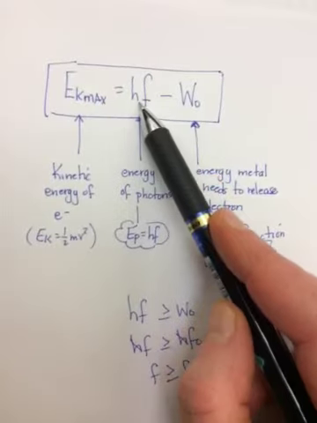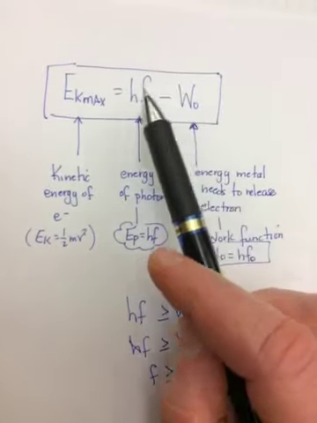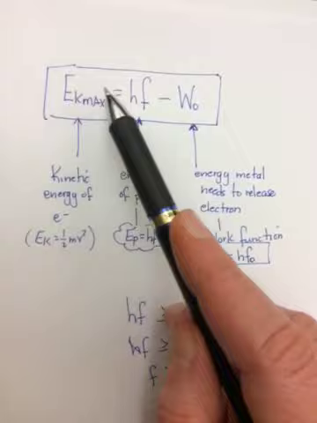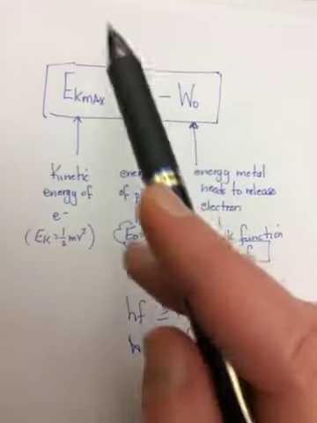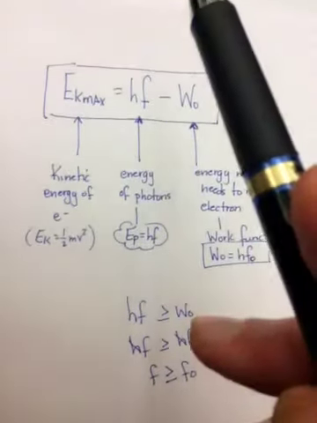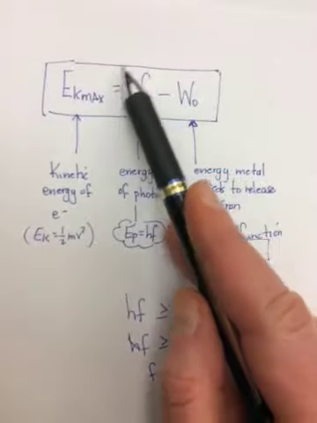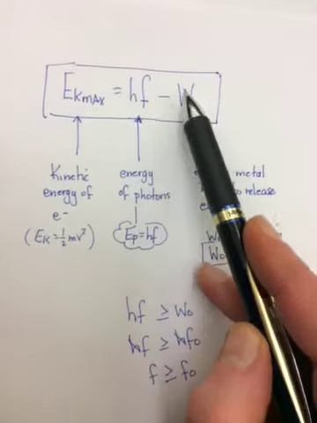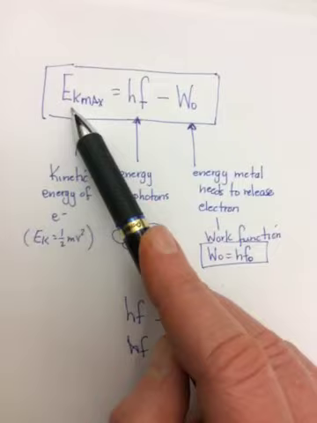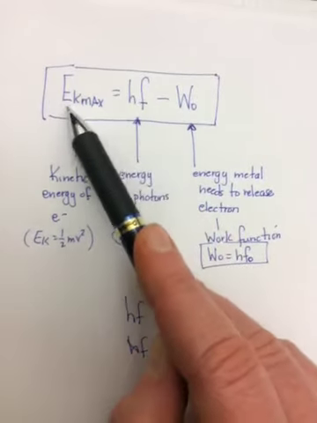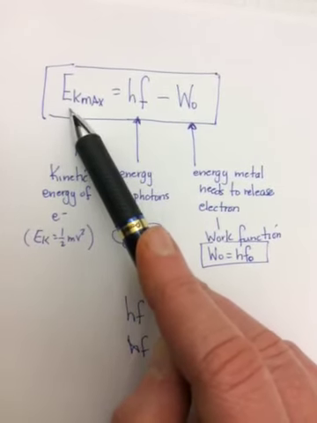There's more energy in this packet. And so it doesn't change the number of electrons that get released. That's why, when we did the graph of frequency with number of electrons, it doesn't change. But what it does change is the money left over, or the energy left over that gets to be given to the electron.